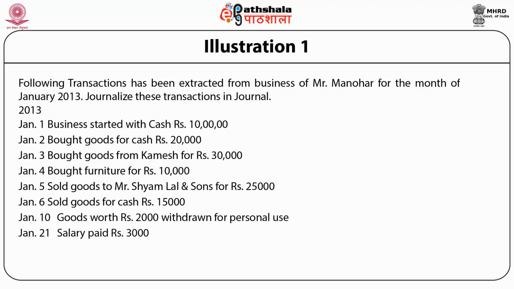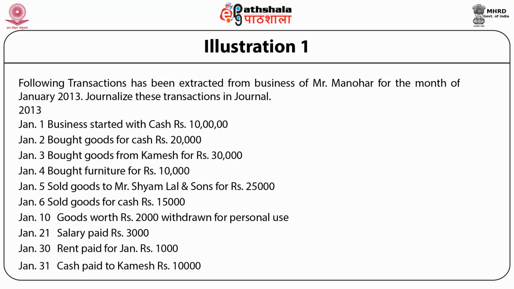Salary was paid rupees 3,000 on 21st of January. On 30th of January, rent was paid rupees 1,000, and on 31st January, cash paid to Kamlesh was rupees 10,000. So these are the transactions which we will see in the coming slides recorded in the journal books.